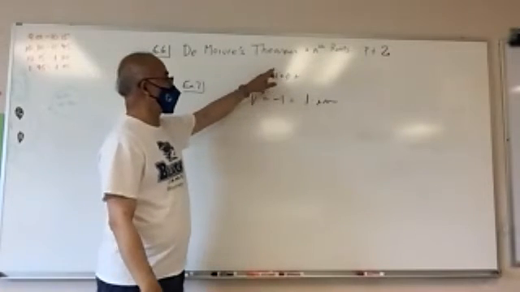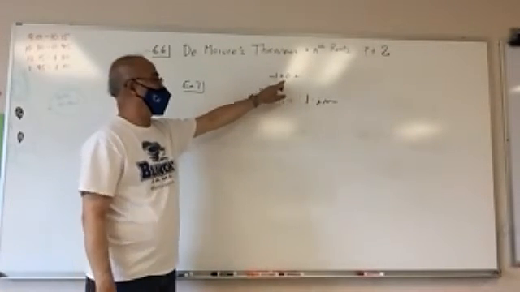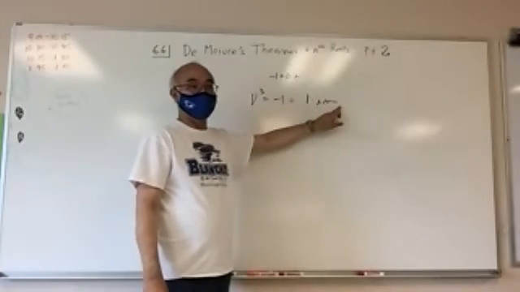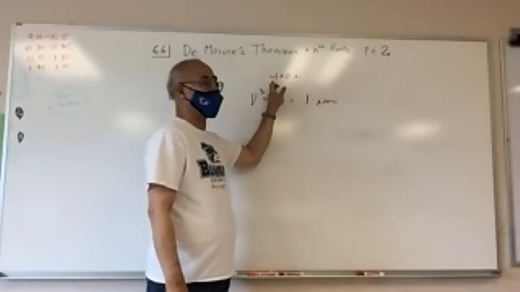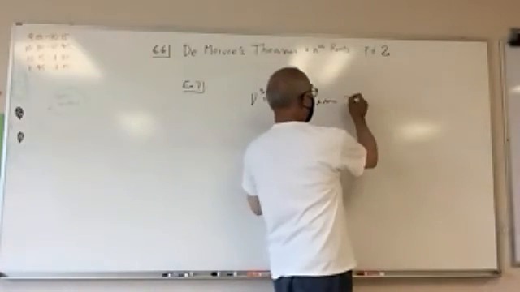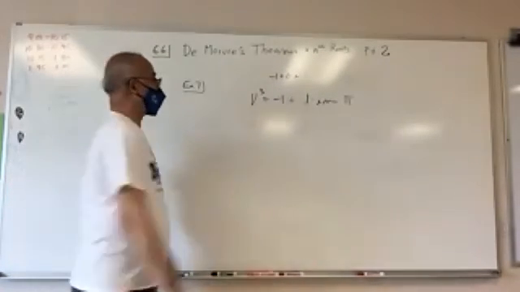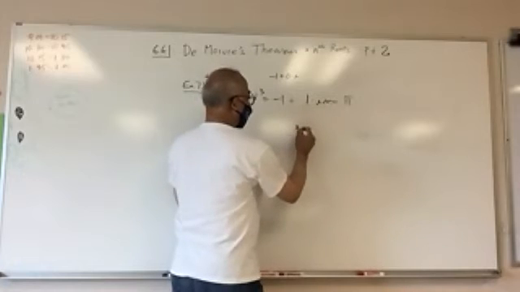So the cosine is -1, sine is 0, which means that the argument is going to be what? Where is cosine -1 and sine 0? Pi, right? So the cube root of this is going to be this.